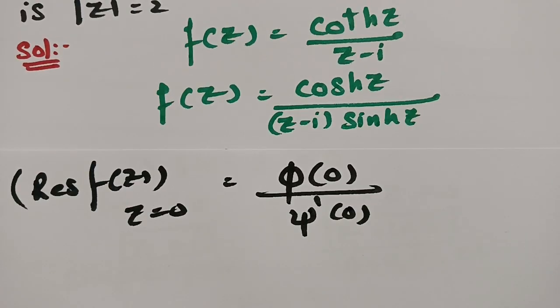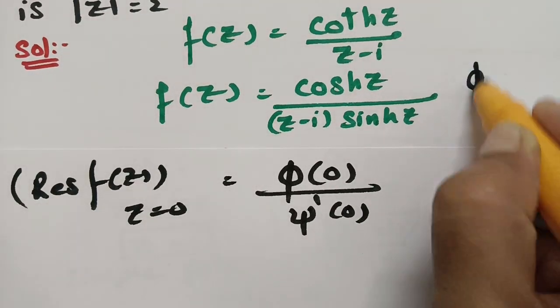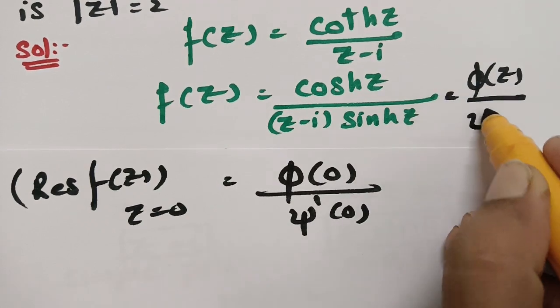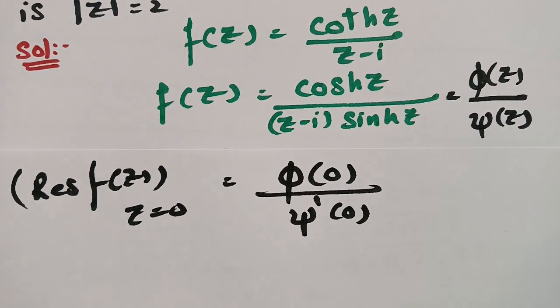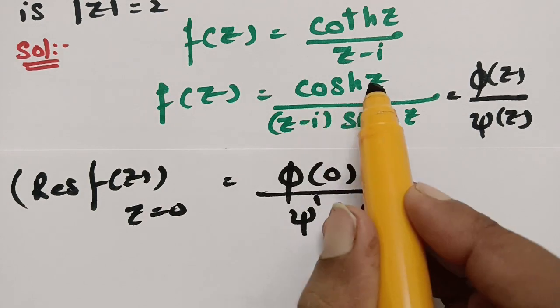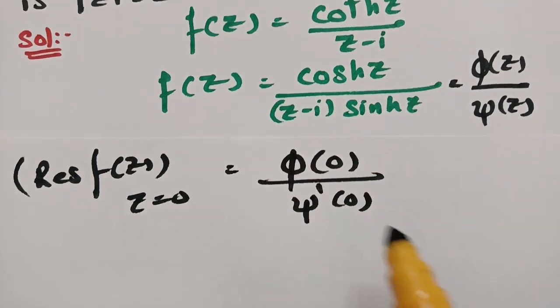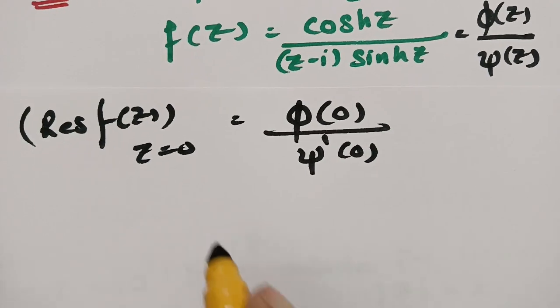The first function, the numerator, we take as phi(z), and the next function is taken as psi(z). We leave the numerator as it is and differentiate the denominator, and then substitute z equal to 0.